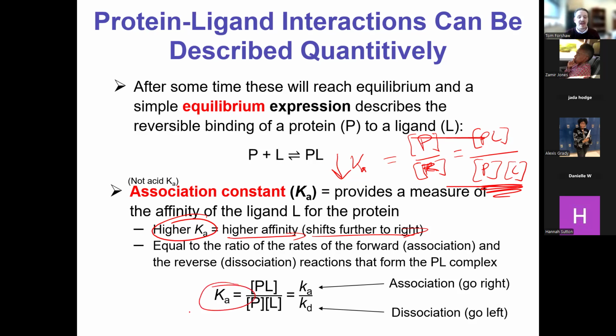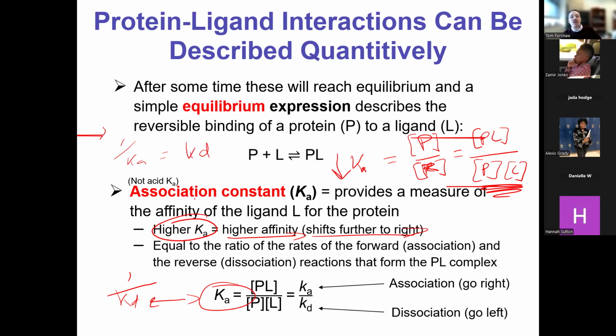Now, hold on to Ka for a moment, because with Ka and Kd, we often flick between the usage of them. And we actually talk about Kd more. Kd is just going to be 1 over Ka, and 1 over Kd equals Ka.